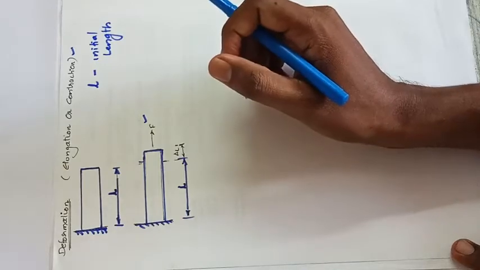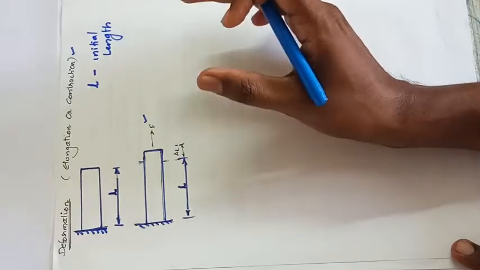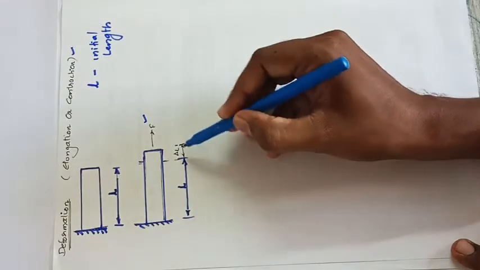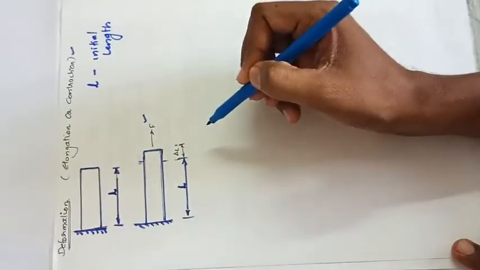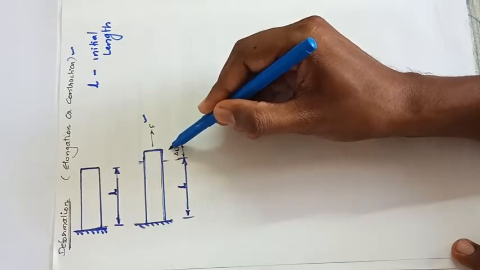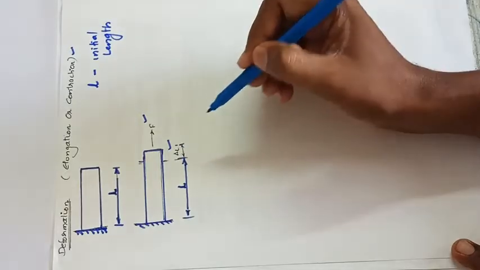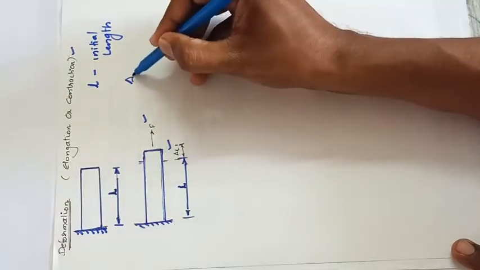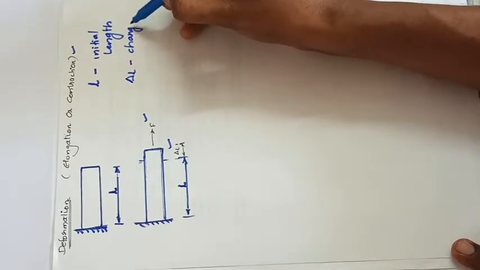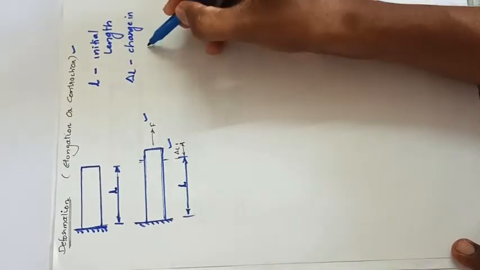Whenever we have a tensile force, the length increases. After the application of the load, a small amount of length is added, that is delta L. This delta L is the change in length.